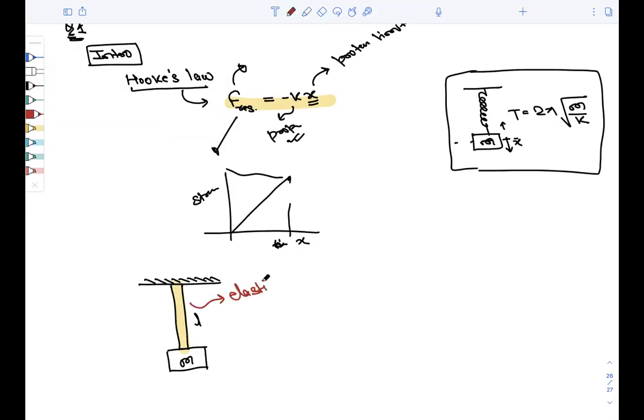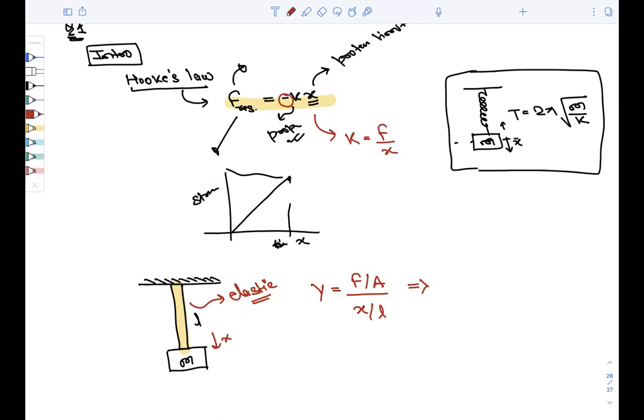And if it is elastic in nature, Young's modulus will be stress by strain. So if it displaces by x, then strain will be x by L. So from here, K is equal to F by X. Minus just denotes that it is restoring in nature.